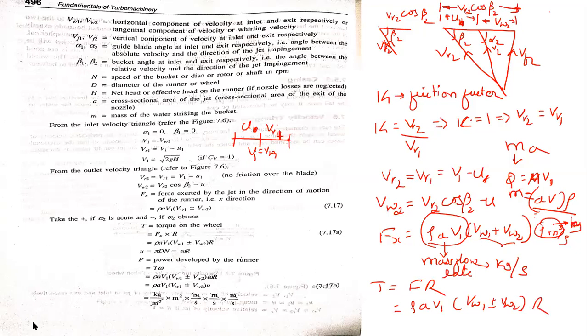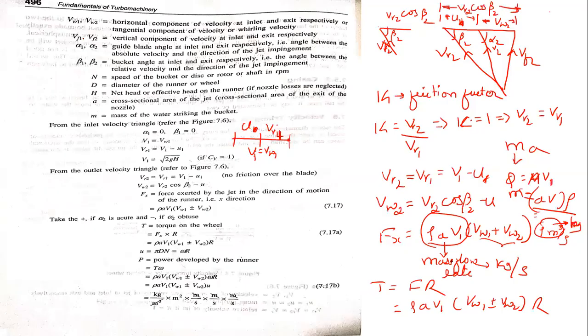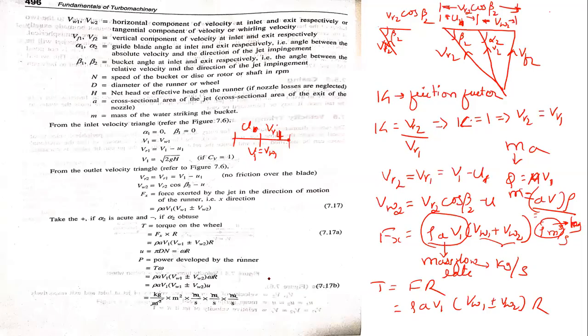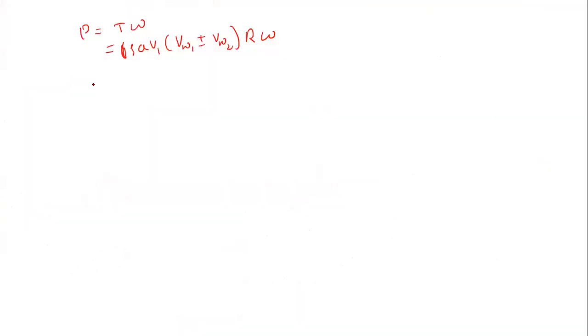And what is power? Power is equal to T into omega. So what is torque? We just wrote the torque as rho A V1 (VW1 plus or minus VW2) into R, into omega. So what does R into omega give you? We know that U is equal to pi dN.